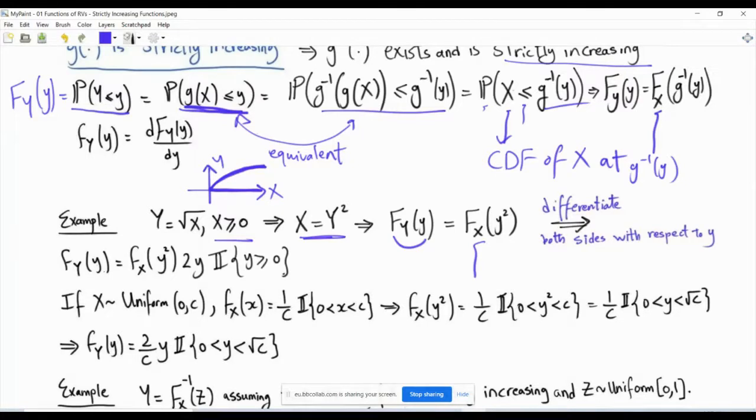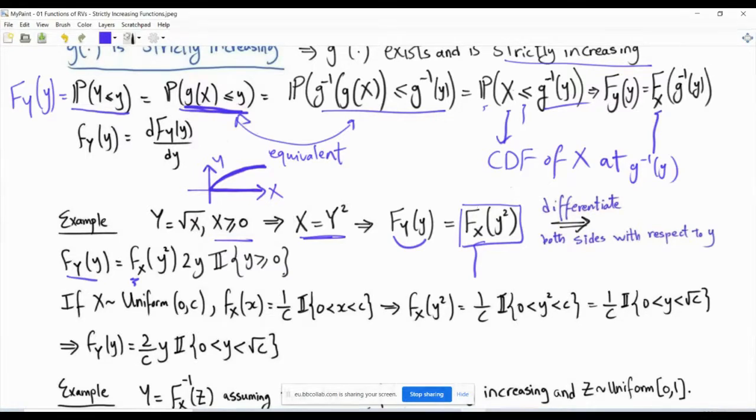If you are interested in the PDF of y, then we know that if the CDF is differentiable at a point, you can obtain the PDF from the CDF via differentiation. So the PDF of y, now a small f, you simply differentiate this with respect to y. If you differentiate a CDF, it gives you a PDF. Implicit in the argument is that the function is differentiable at the point where you compute it.